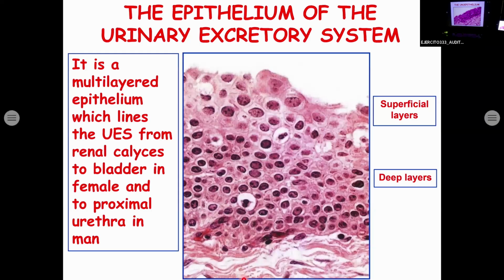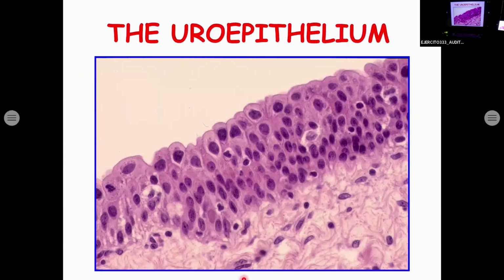Here I show you other images, beautiful images of ureter. Again, deep layers and superficial layers. Small cells with a large nucleus, larger cells with a smaller nucleus compared to the cytoplasm.